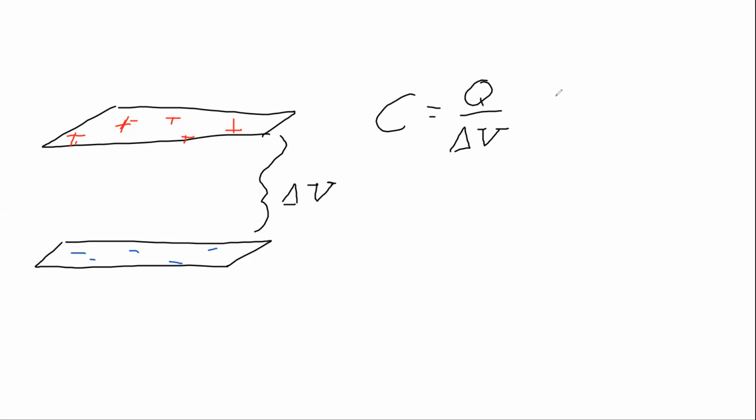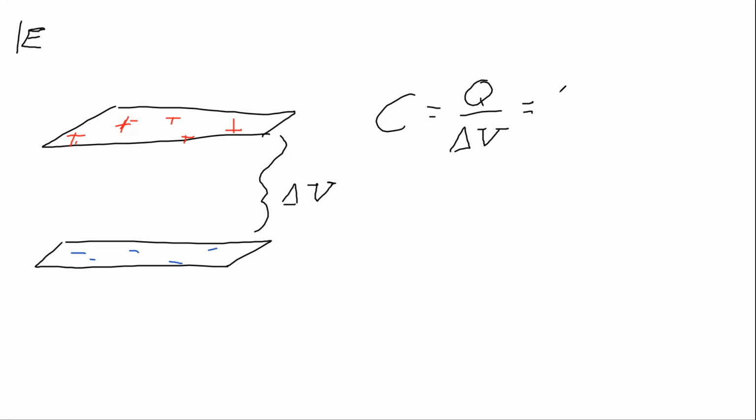I'm going to make a substitution here, instead of Q over delta V. Remember, we have a parallel plate capacitor, so we have a constant electric field. For voltage, we could use this equation that we saw in the earlier electric field material.